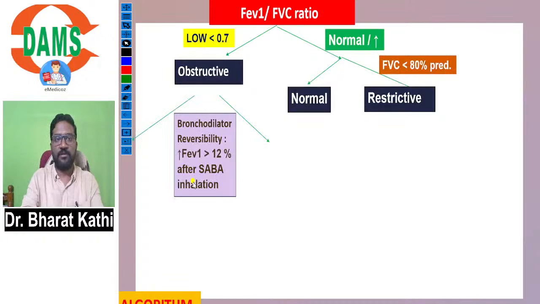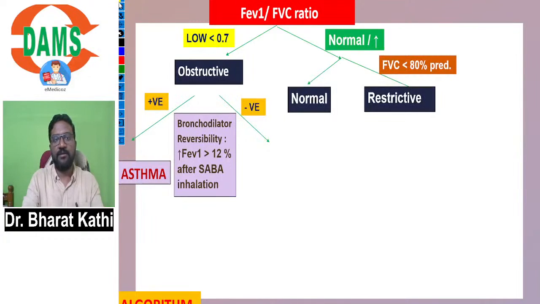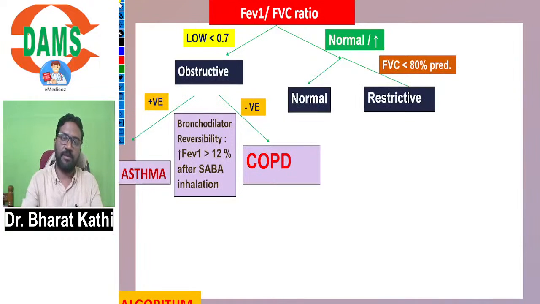If it is obstructive, we do a bronchodilator reversibility test. If there is reversibility, most probably it is asthma. If it is not reversible as per the criteria, an increase in FEV1 of more than 12% after SABA inhalation, we consider it as COPD, and generally bronchiectasis, which can also be not significantly reversible.